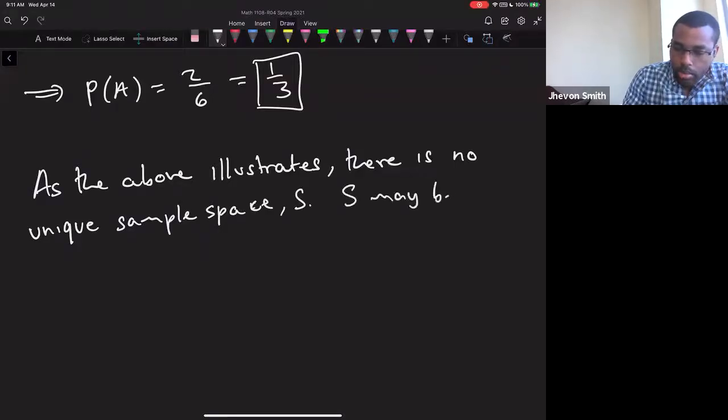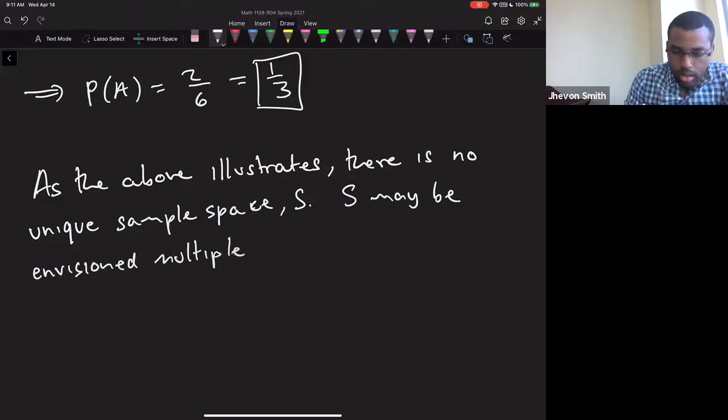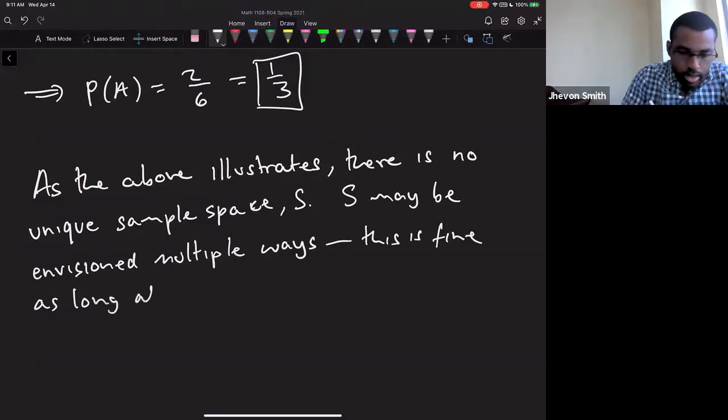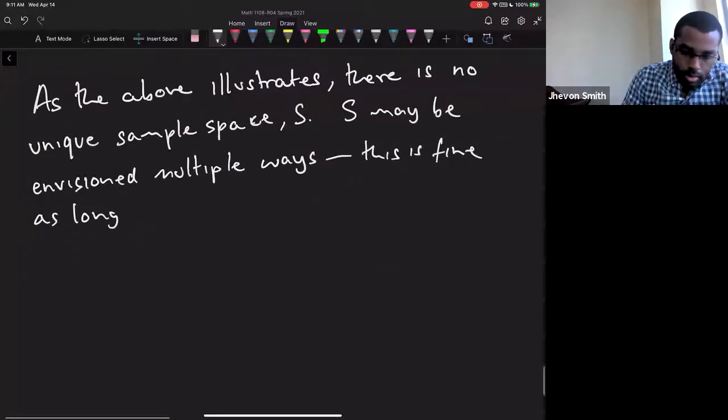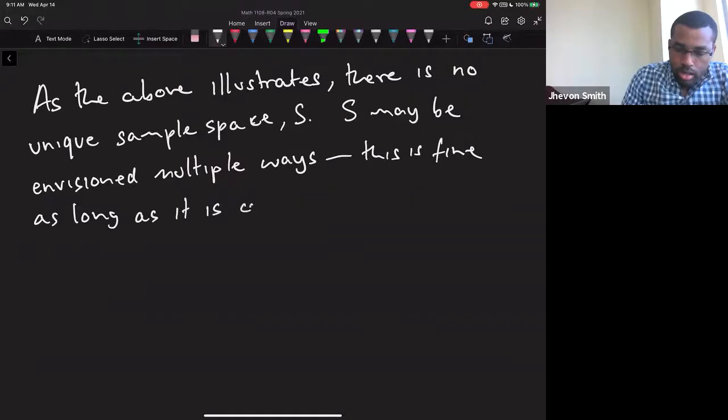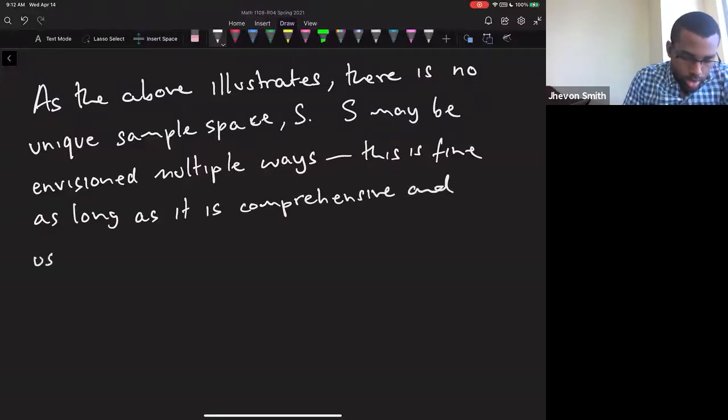S may be envisioned multiple ways. This is fine as long as it is comprehensive and useful enough.